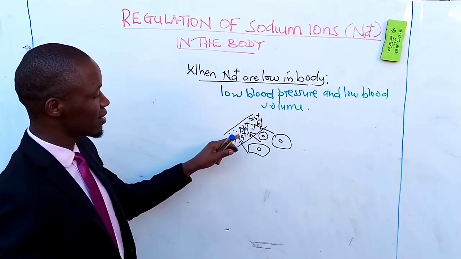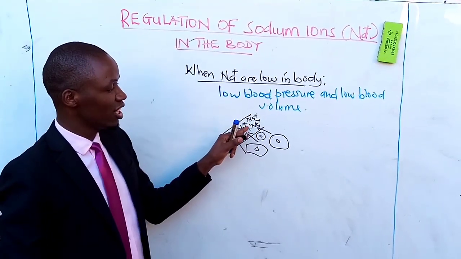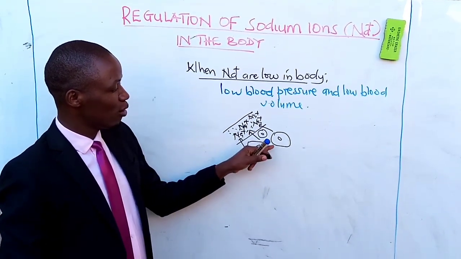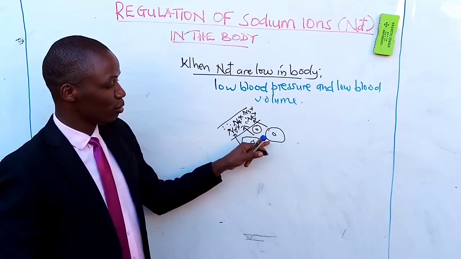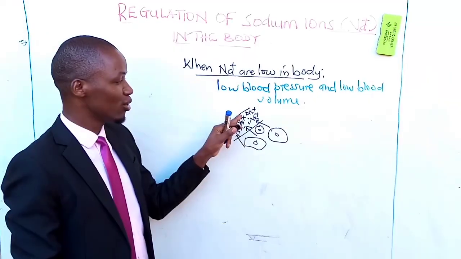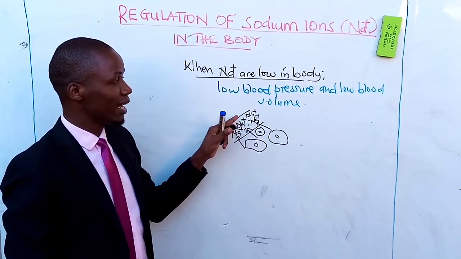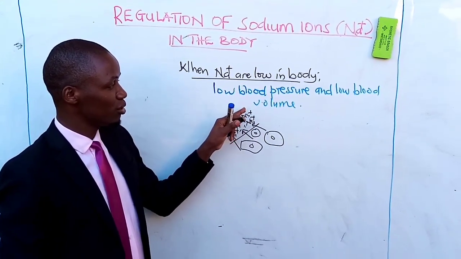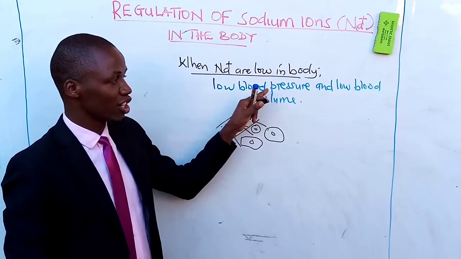So when ions are much in the blood vessel, more water is withdrawn from the cells by osmosis into the blood vessel, which will increase the volume in the blood vessel, and at the same time the increase in volume also increases the pressure in blood.